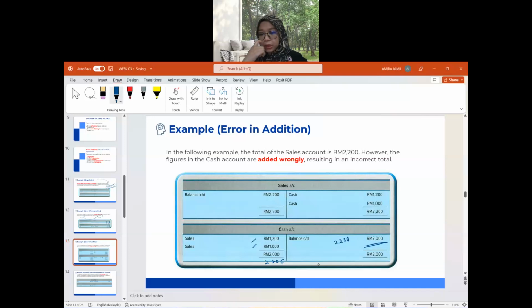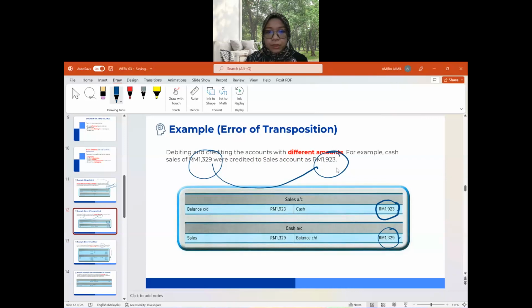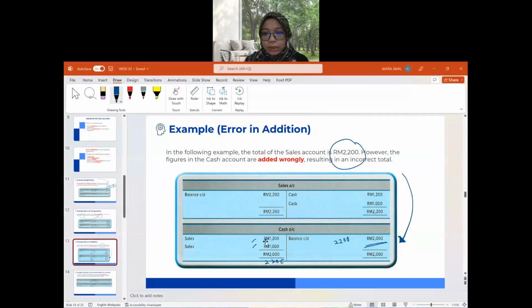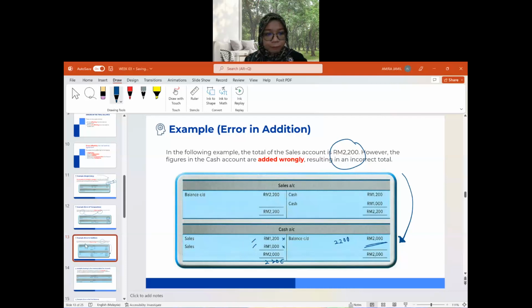This is also a human error, wrongly written. Error in addition is quite the same as transposition, but transposition comes from confusion in the arrangement of numbers, while this one is differently added. The figure is different, wrongly added or wrongly subtracted.